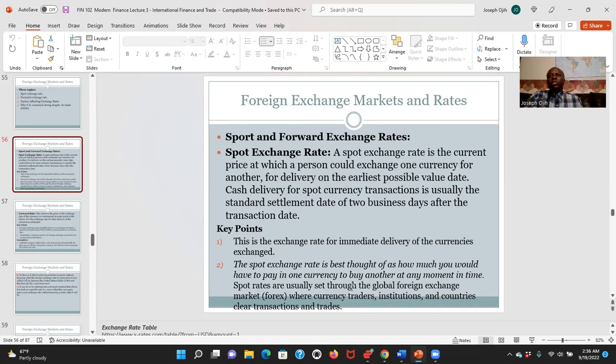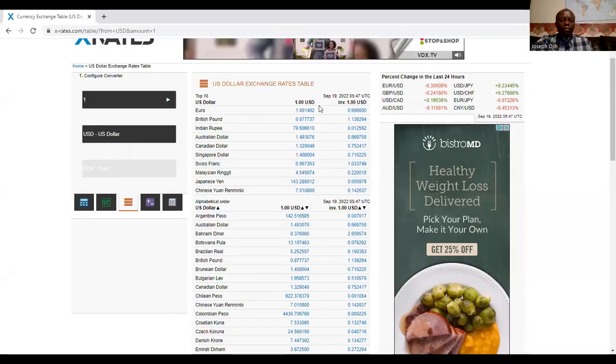When you want to exchange, let me give you a real life example. I like to use real life examples to explain the concept I'm teaching. So let's look at this exchange rate table.